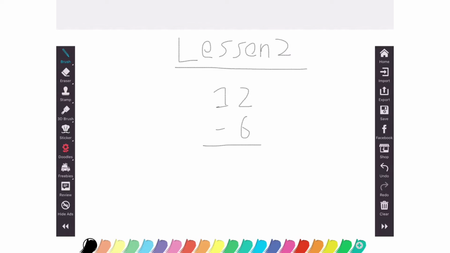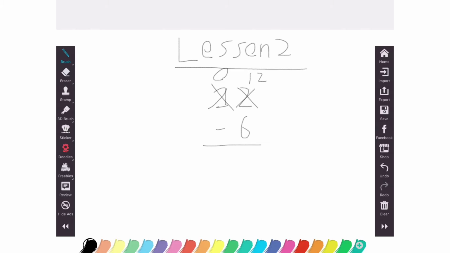What you want to do is 2 minus 6 first. We'll say that can't work because that's in least to greatest order. So what you'll do is get rid of this and get rid of this, turn it into a 0. And basically what you're getting from the 1, now a 0, is 10 units plus the original 2. So you have 12 right there, and now you can do 12 minus 6.